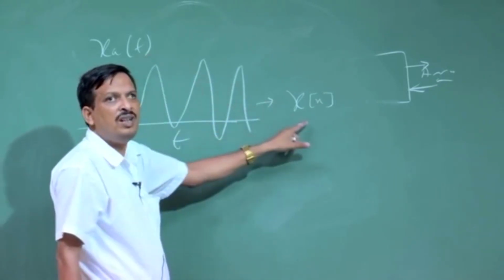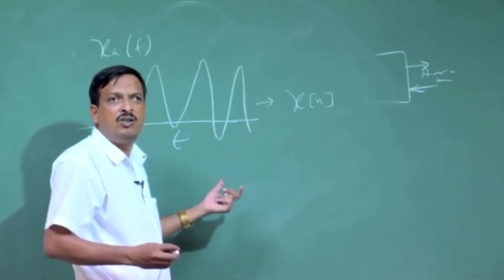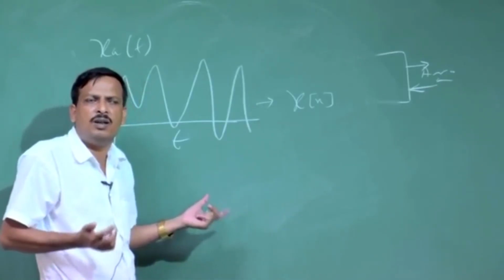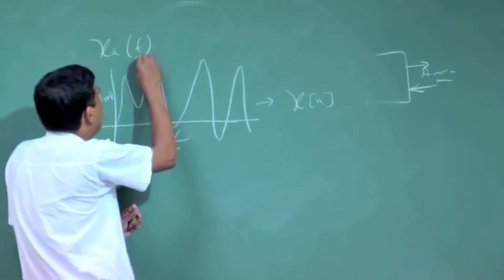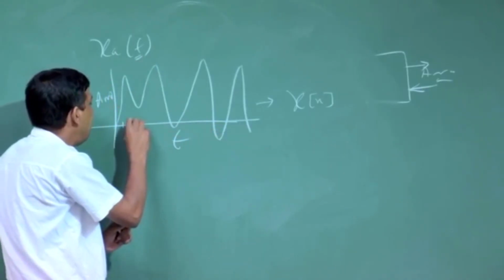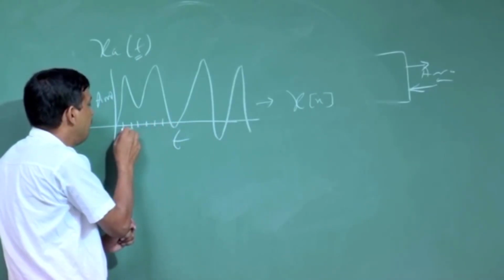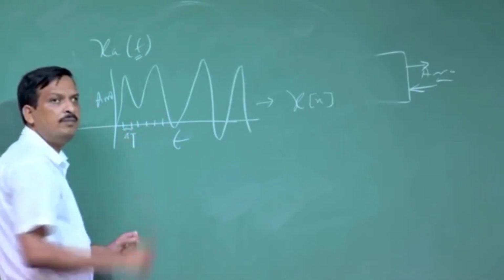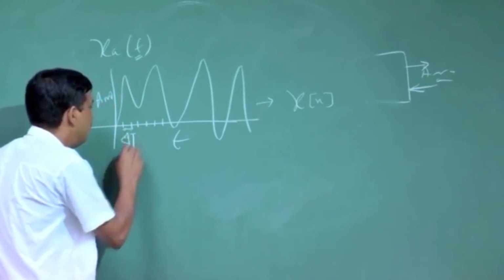A digital signal is nothing but integer numbers. So, how do I do it? First, time is continuous. I have to convert this time to instants with a fixed interval, that is delta t.